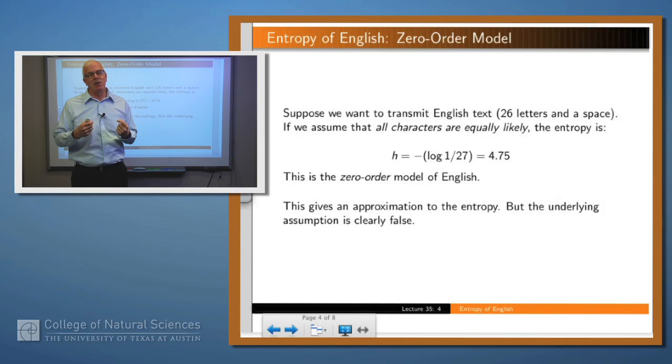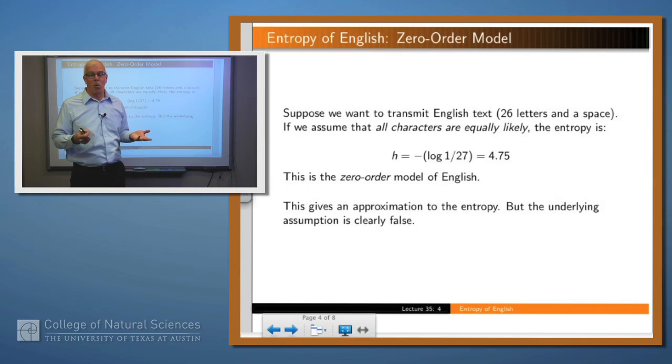A very naive encoding would be to assume that all letters and spaces are equally likely, and just apply our entropy formula to that. Then the entropy of the language is just log base 2 of 27, which is 4.75. What that would suggest is that you can't do any better than 4.75 bits per symbol in encoding English. But this is a pretty naive model of English.